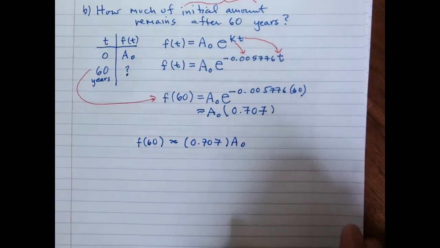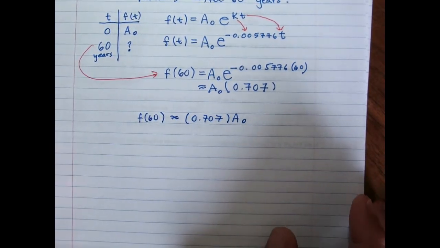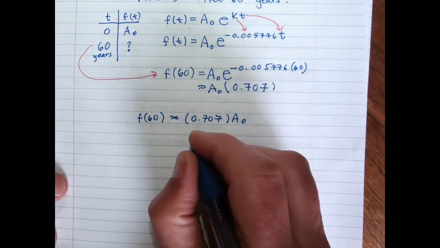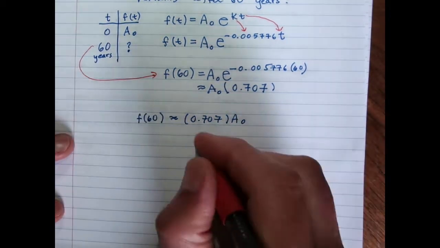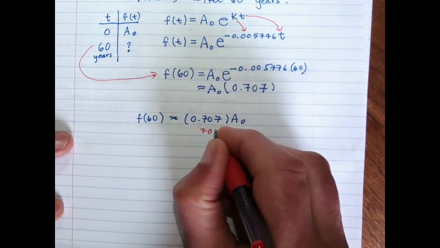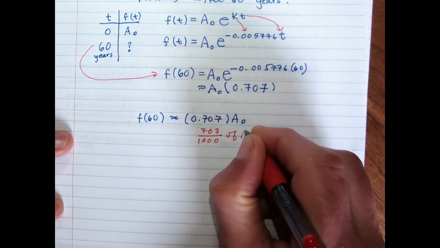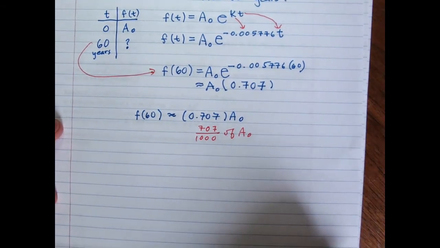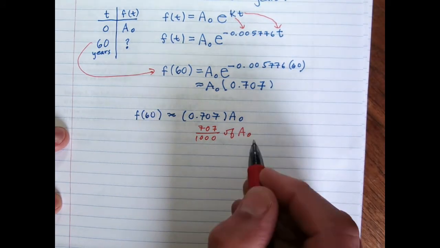We can think of that decimal times A0 as a fraction of A0 or as a percent of A0. So it's actually saying this is 707/1000ths of A0. That's really the portion of A0 that's around after 60 years, this fraction of A0.